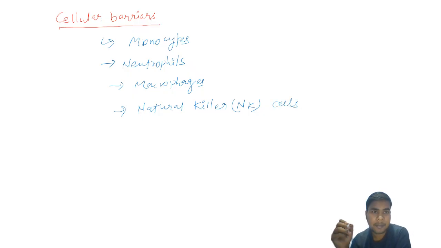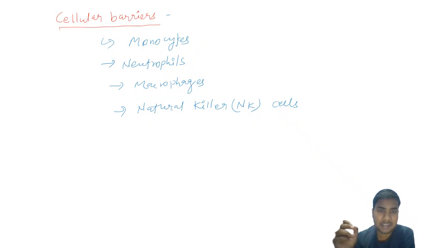Basically, there are several cells like monocytes, neutrophils, macrophages, and natural killer cells, and also maybe of different types. These cells have their role in boosting the innate immunity.